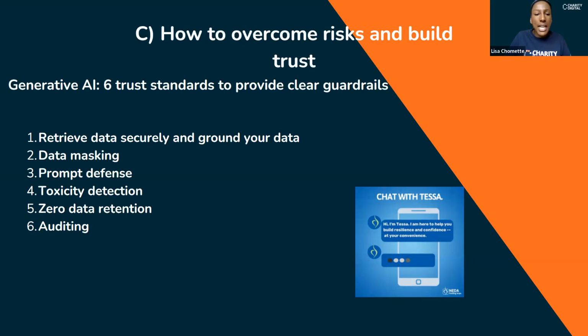Data masking means that you will obviously need to mask personally identifying information that is shared in a prompt, and you can use the data set for better output. Defense means simply being able to protect the data and protect all these outputs against hackers or harmful prompts or questions.